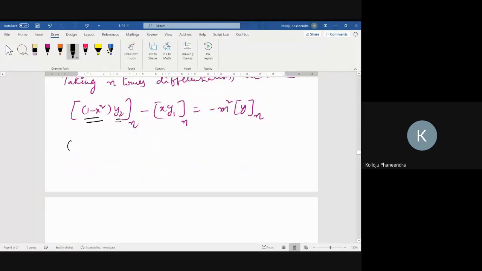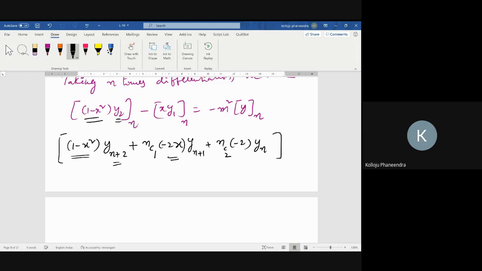First one, u as it is, 1 minus x square, for y2 n times differentiation, the n plus 2th derivative, plus nC1 for 1 minus x square derivative, minus 2x, and decrease one derivative here, y n plus 1. Next, plus nC2, minus 2x derivative is minus 2, and decrease one more derivative.